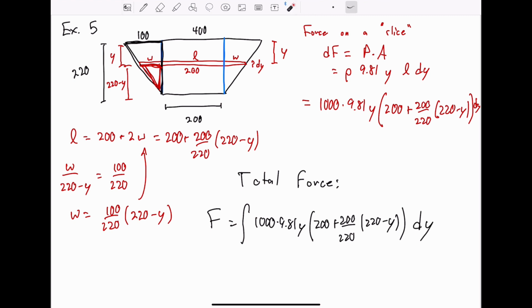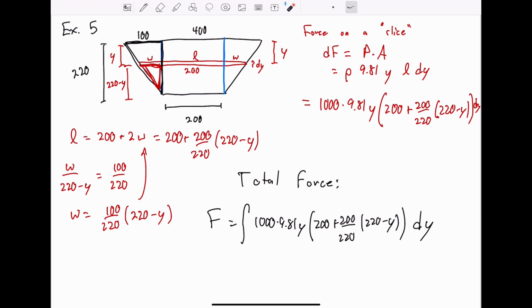Now this looks rather messy. There's a lot of numbers going on here, but notice that most of this is just constants. We really have a y times 220 minus y. It's actually quite a simple integral if we were to do it by hand. We just need to expand it out and then deal with all these messy constants. What are the limits of integration?